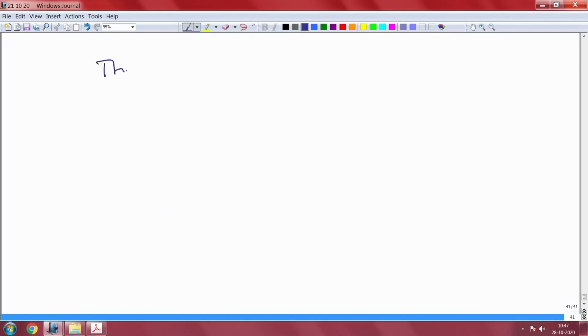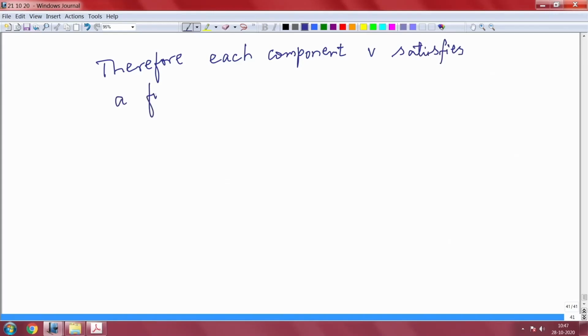Therefore, each component of V satisfies a first order homogeneous or inhomogeneous equation.